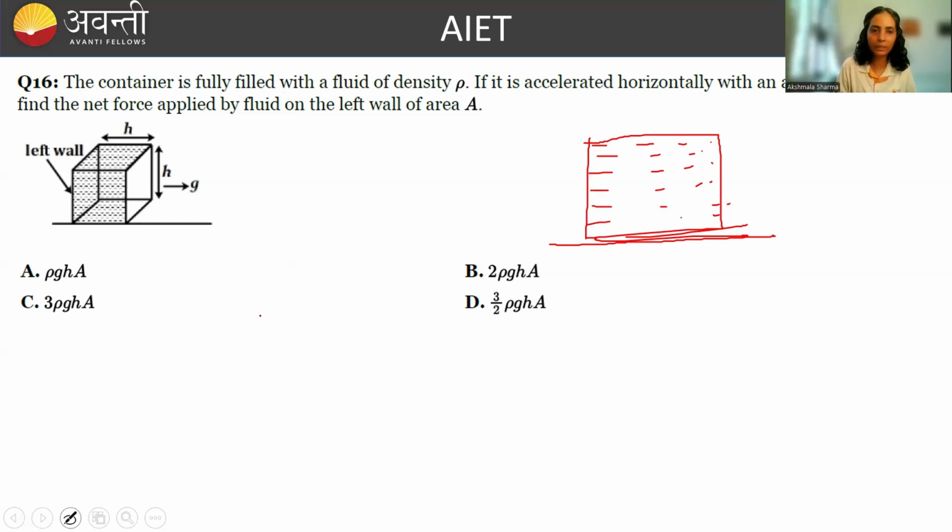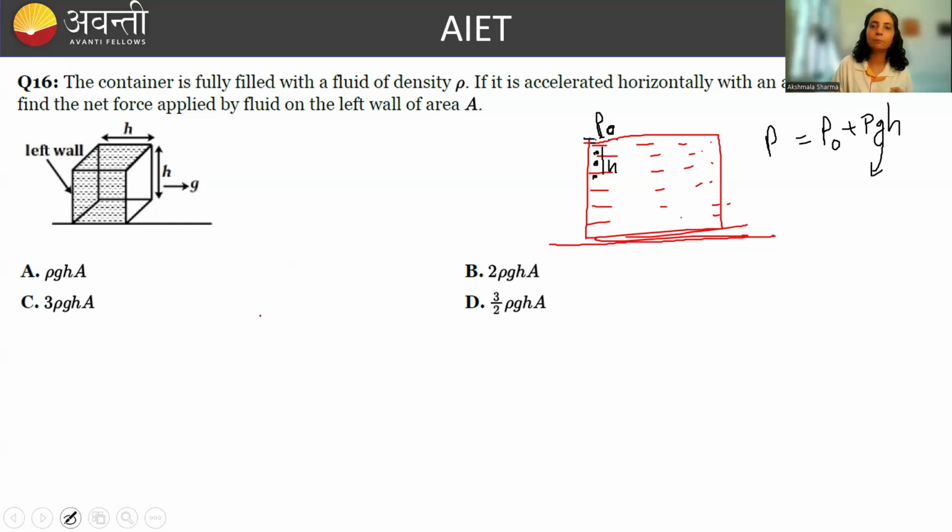The force will be because of the pressure of the liquid. So the pressure due to the liquid will be different at this point, at this point, at this point, because of how we write the pressure. If the pressure at the top is P0, then the pressure at any height H below will be equal to P0 plus rho G H. This G is what?